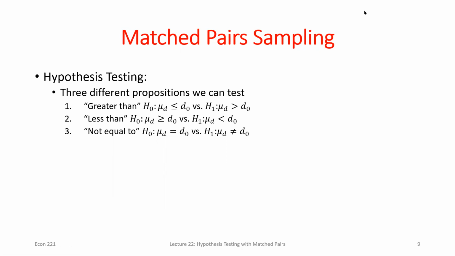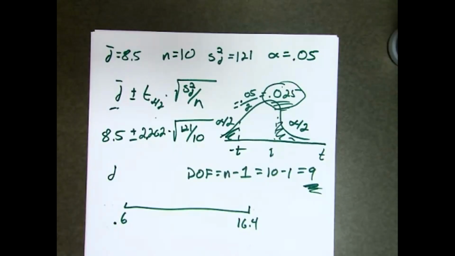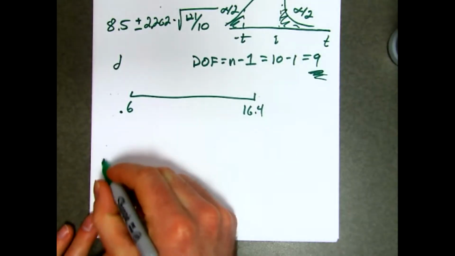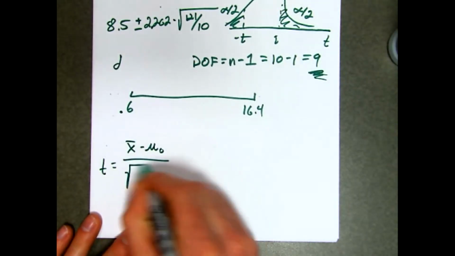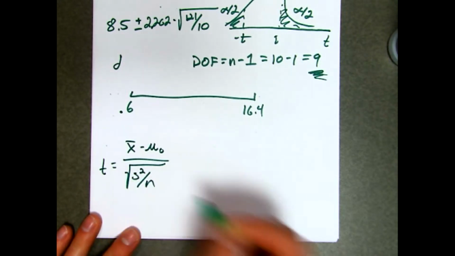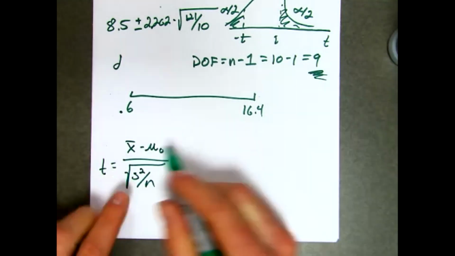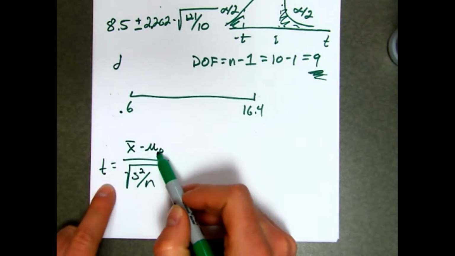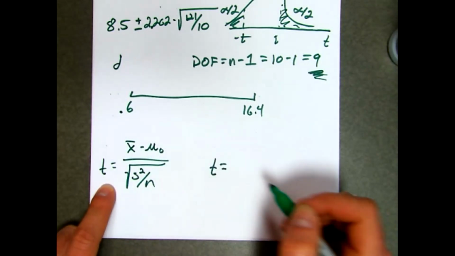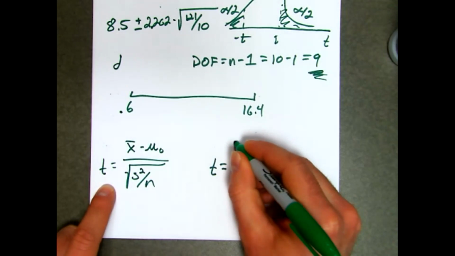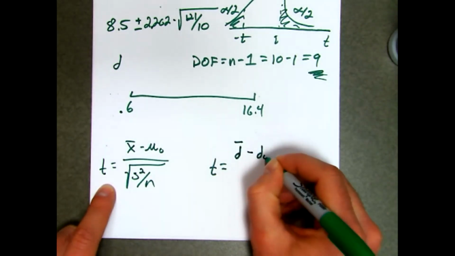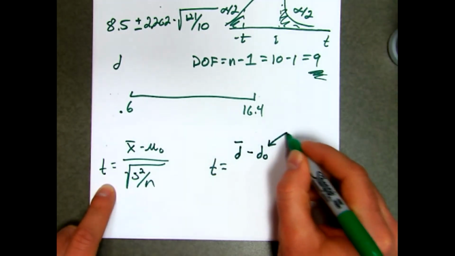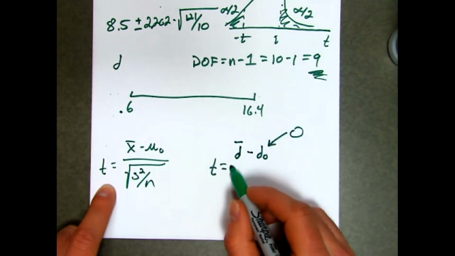Now our test statistic equation, we can probably guess what it's going to look like if we remember what we did for the one population sample mean example. We took the statistic we were interested in, subtracted the assumed true value of that statistic. So now our statistic we're interested in is the mean difference, so we'll subtract the assumed true difference, which we said we're always going to use 0 here.